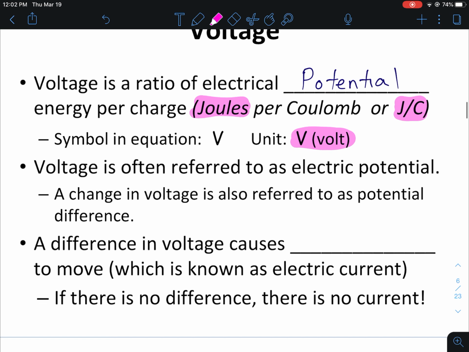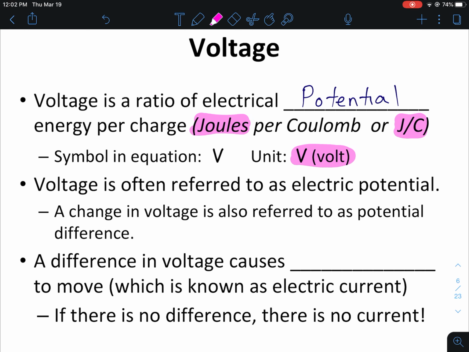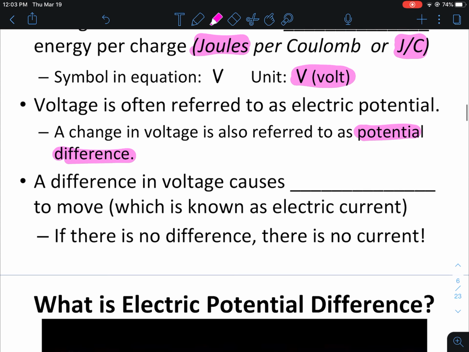So there's a big difference in voltage, in potential energy, coming out of a wall versus a battery. But we call it electrical potential. It's the potential for electrical energy to be transferred from one device to another. So we'll oftentimes talk about it as potential difference. So we get used to that.